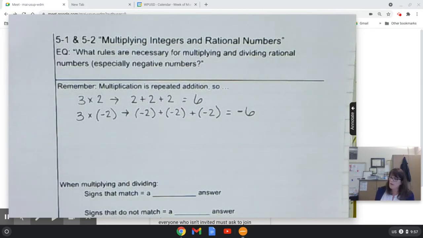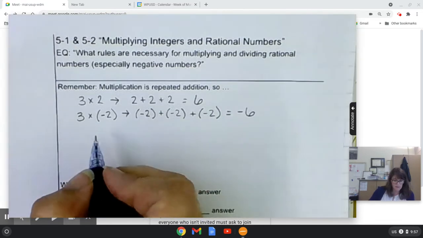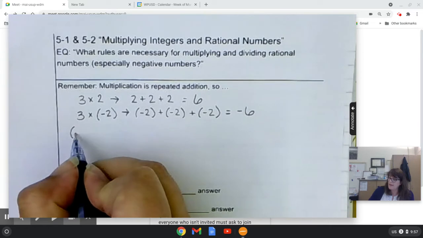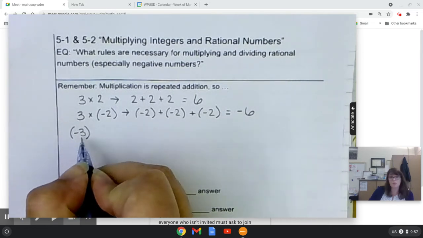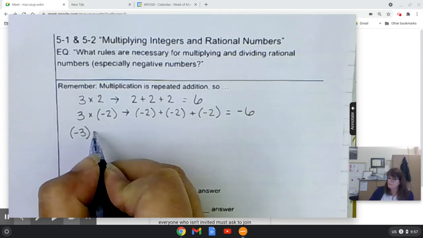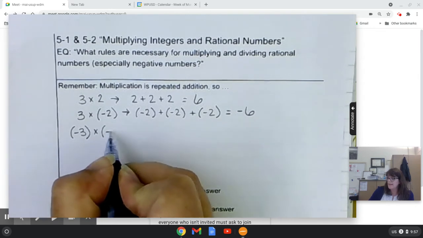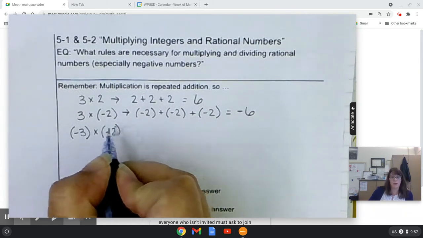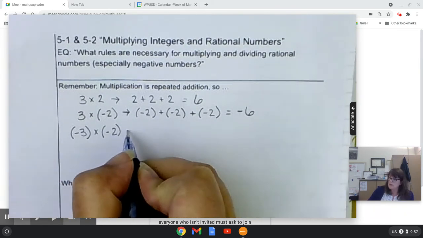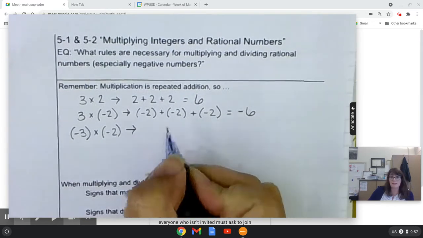Okay? But what happens when we have negative 3, which remember is the opposite of 3, times negative 2, which is the opposite of 2? Here's the crazy thing that happens.